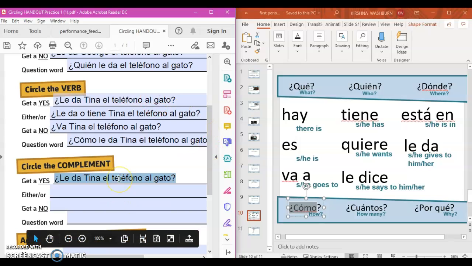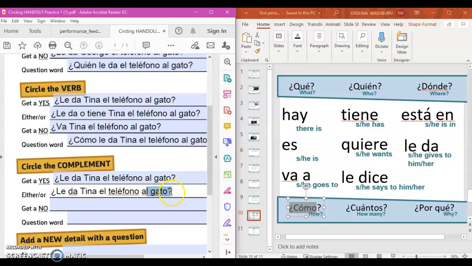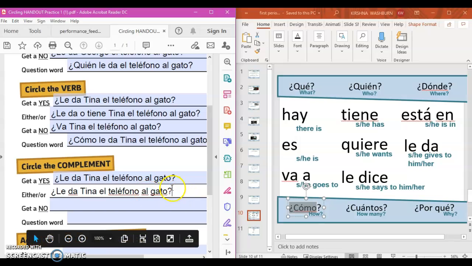The next one we're going to write is an either or question. So we've already talked about the verb, so we don't need to do that. We've already talked about the subject, so we don't need to do that. And now we can either choose to talk about the phone or the cat. I'm going to choose to talk about the cat. So I'm going to say gives Tina the phone to the cat, or, oh, where's my, there we go.